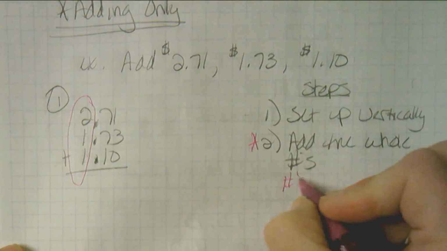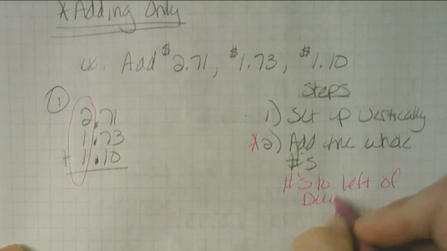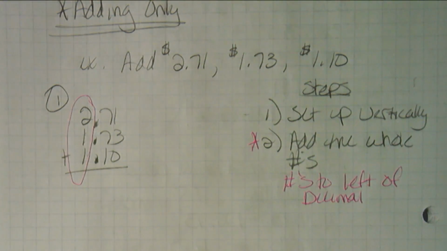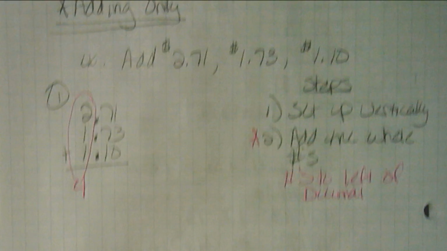These are numbers to the left of the decimal. What is 2 plus 1 plus 1, Romano? 4. Okay, so I did that part.